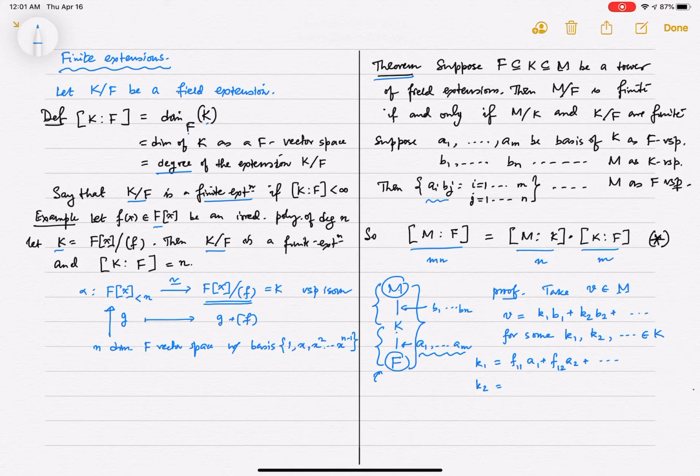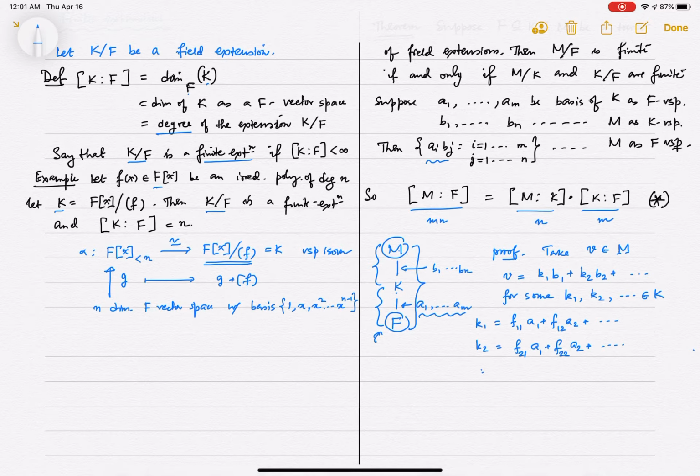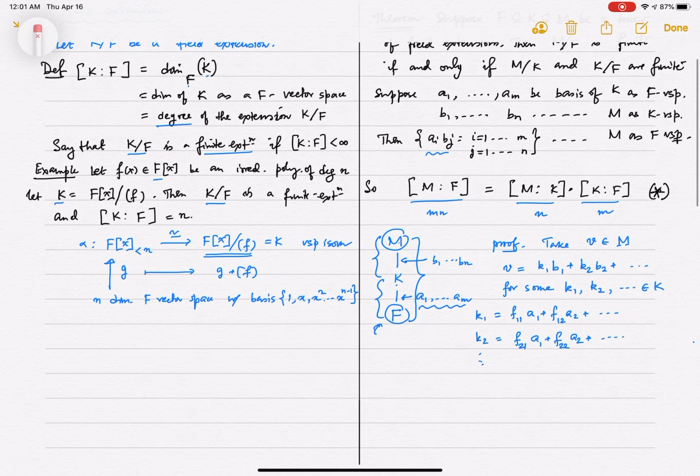I'm just choosing double indices so that these little fij's are all different. This is also a linear combination of A1, A2, etc. So this is maybe f21 A1 plus f22 A2 plus etc., dot dot dot for each of the n things that you have. This goes up to kn Bn.